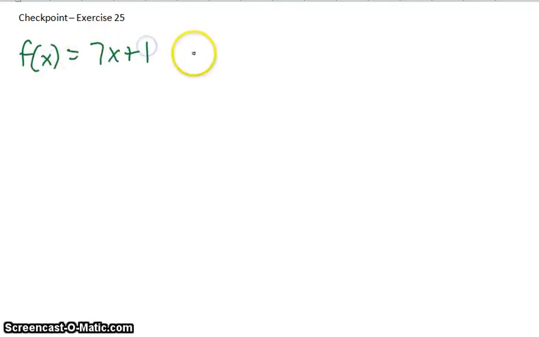Now for exercise 25, it says to show that these are inverses algebraically and graphically. So what I'm just going to do is show you algebraically. So for 25, we have 7x plus 1, and I'll try not to be as messy with this one as the last one.